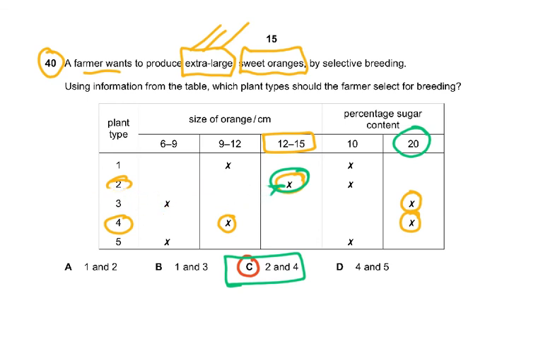Why did I not choose 3? 3 is 6 to 9 centimeters, so it's a very small size. That's why I chose 2 and 4. So you have to understand why 2 and 4 was the answer, because you wanted extra large and sweet oranges by selective breeding.